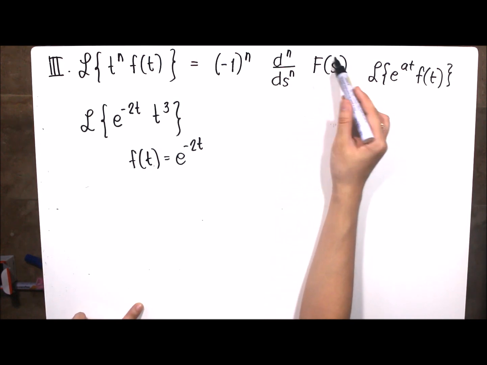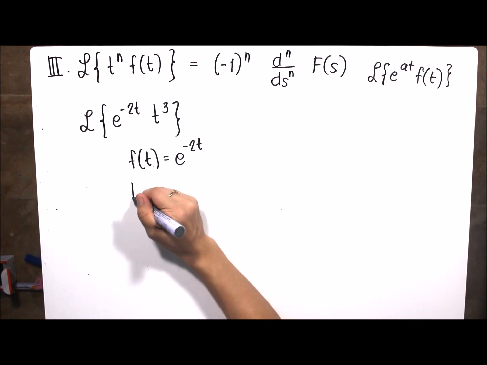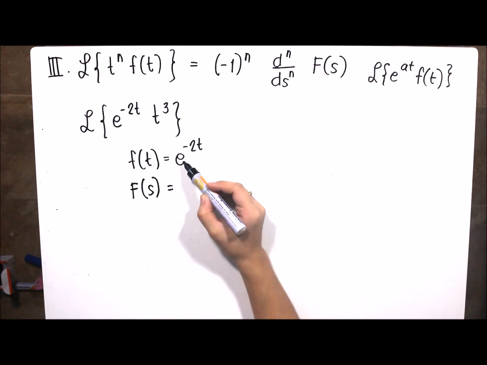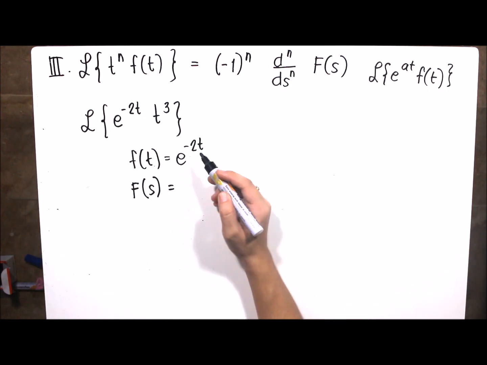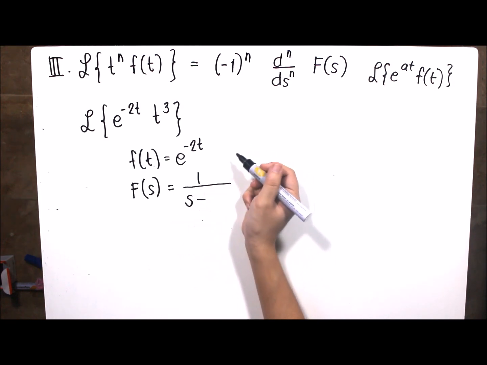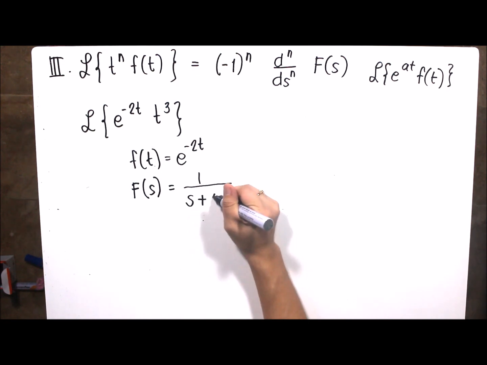Since we have here F of s, upon identifying what f of t is, we will get its Laplace transform. What is the Laplace transform of e raised to at? That is simply 1 all over s minus a. And a here is negative 2. So, minus negative 2 gives plus 2.